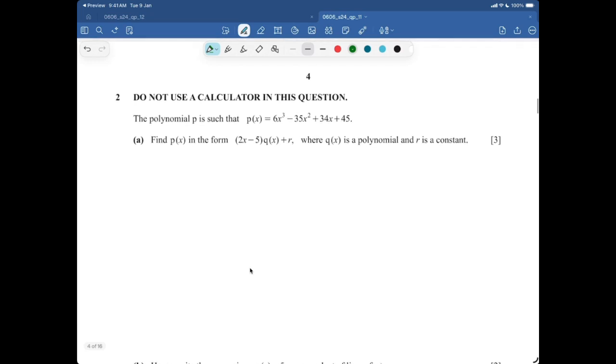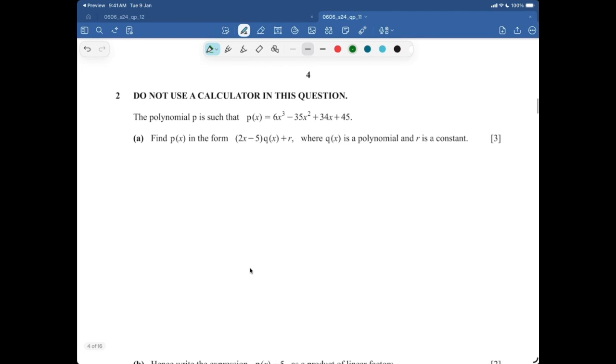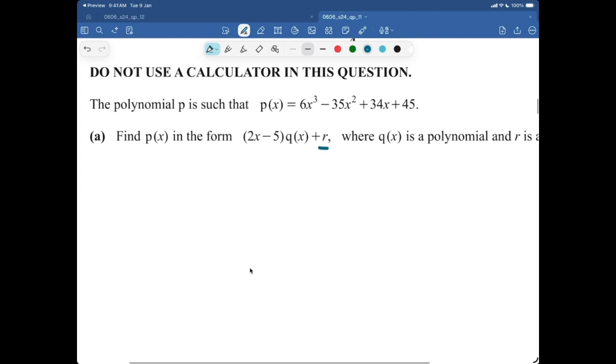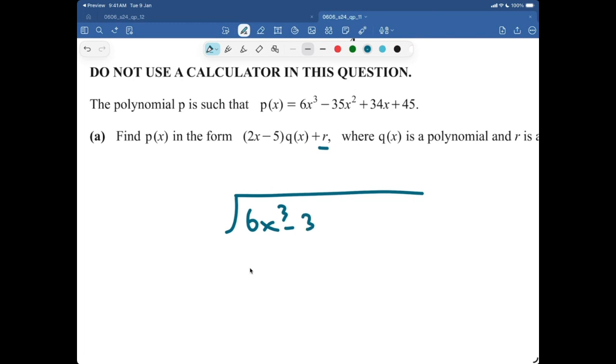Okay, so we're essentially trying to conduct some polynomial division and to find the remainder, which is r. So we can first write down the polynomial, and then write down 2x minus 5.